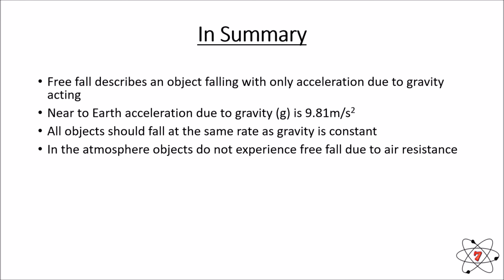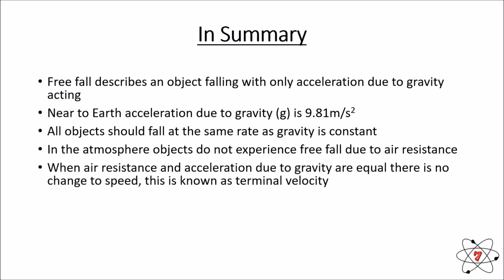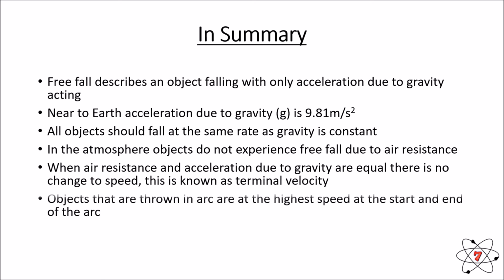However, in the atmosphere, objects do not experience free fall because of air resistance that acts on them in the opposite direction to gravity. So, when air resistance and acceleration due to gravity are equal, there is no change in speed. This is known as terminal velocity.